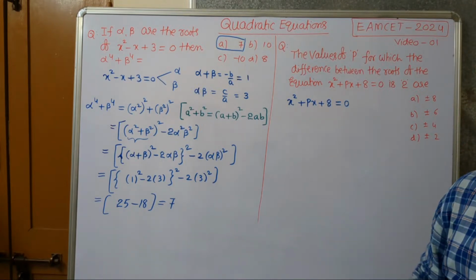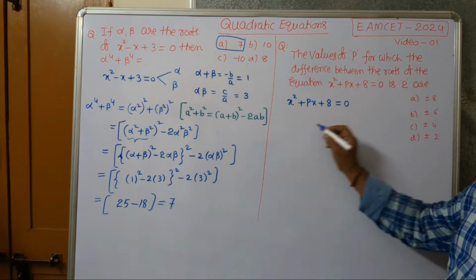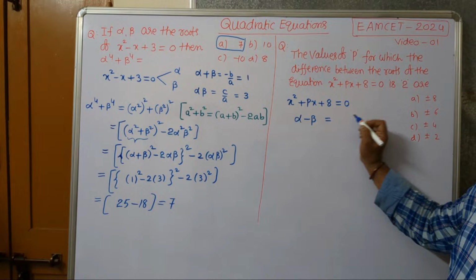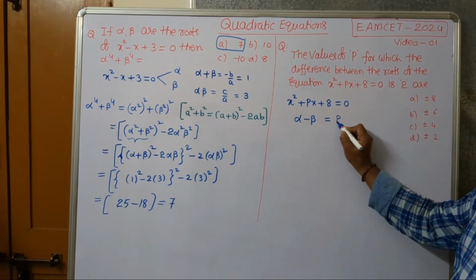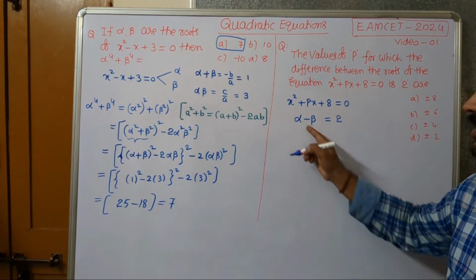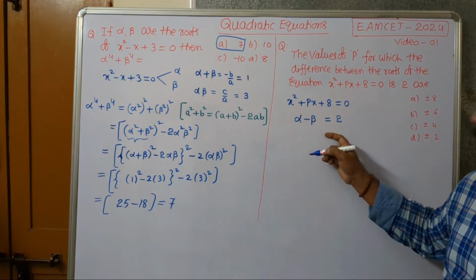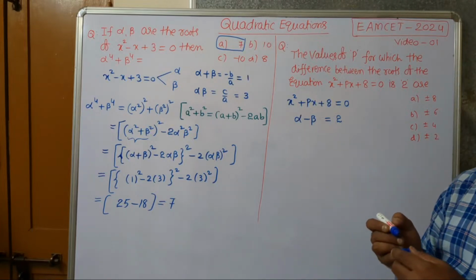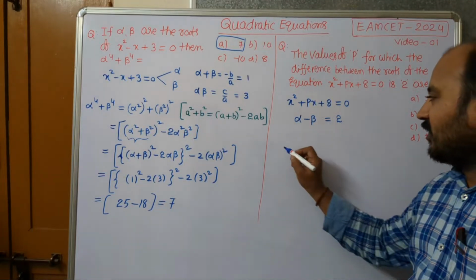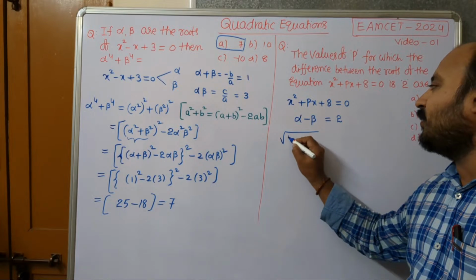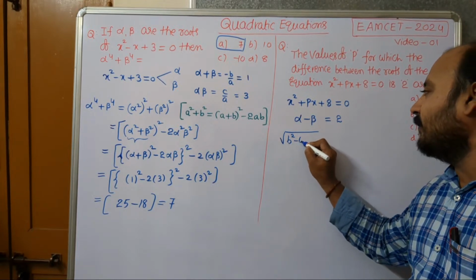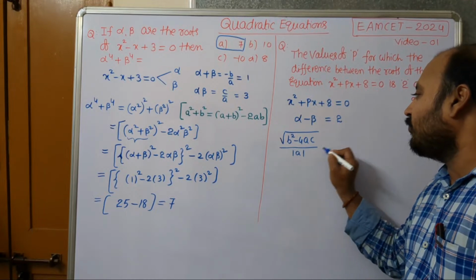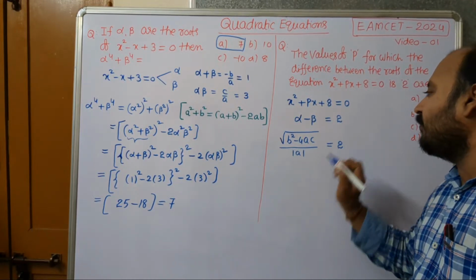If we are assuming the difference between the roots, alpha minus beta, is equal to 2. We know the formula for the difference of the roots. The difference of the roots of the quadratic equation ax square plus bx plus c is the square root of b square minus 4ac divided by mod a, or simply a, which is equal to 2.